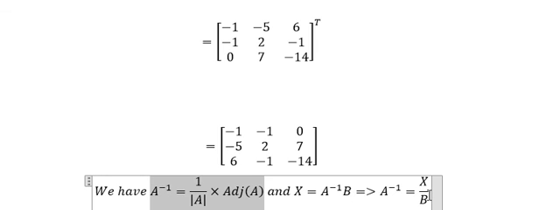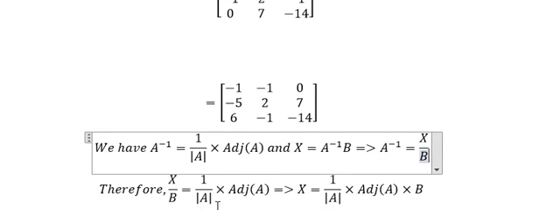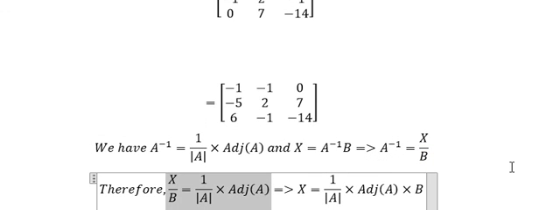So you get X equals, we replace A to the power of -1, and it should be like this. Now we multiply with the capital B on both sides and we get X here, so we have 3 values.